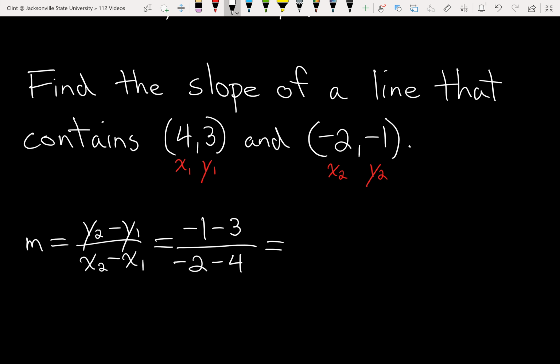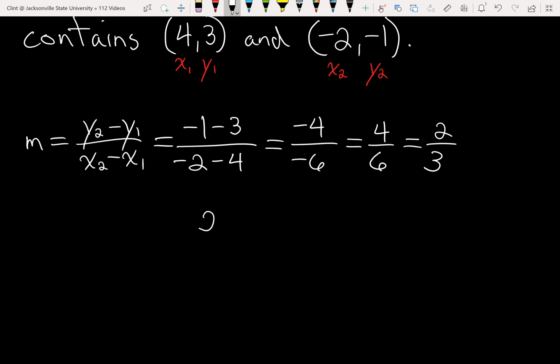Okay. And we get our slope. So -1 minus 3, that's -4. -2 minus 4, that's -6. A negative over a negative is a positive. And then we can reduce this fraction. So 4 over 6, we can divide top and bottom by 2. Get 2/3. Okay. So let's look at our slope for a minute. 2 over 3.